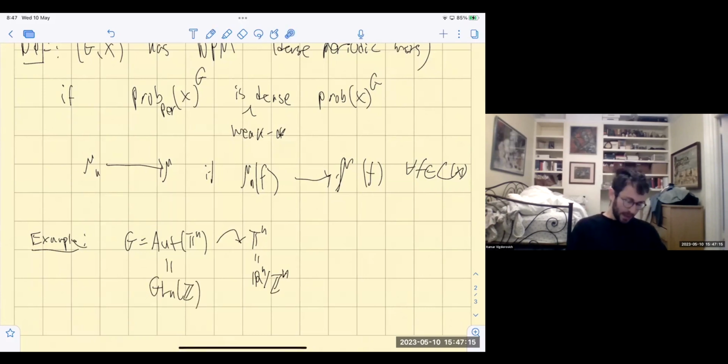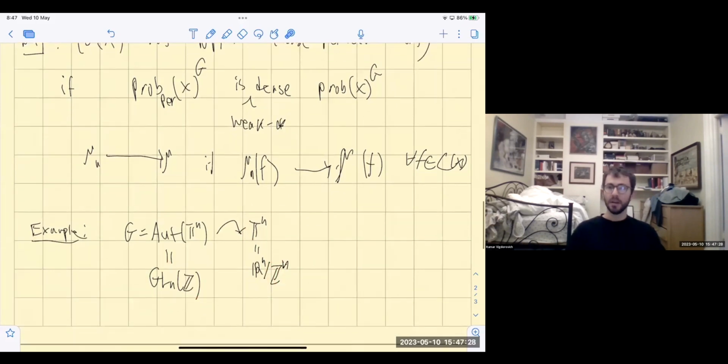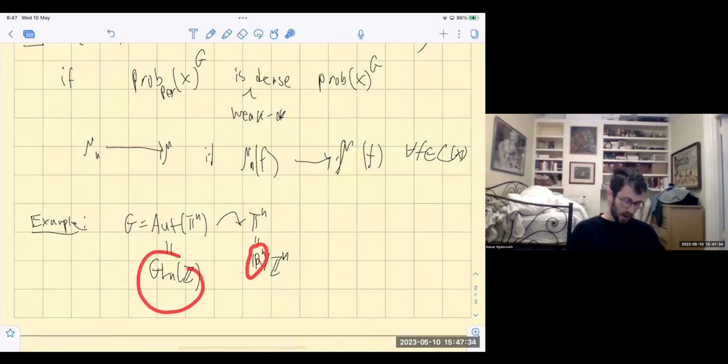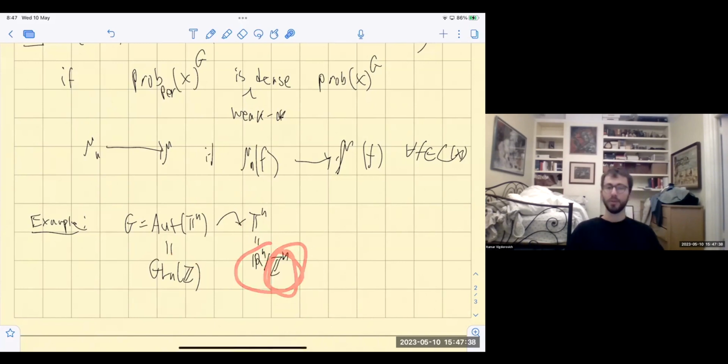The reason is not hard to see. GL_n(Z) obviously acts on Z^n by linear transformations, so the automorphism group of Z^n is GL_n(Z), and the torus is just the Pontryagin dual of Z^n, so if it acts on Z^n, it will act also on the dual. Alternatively, GL_n(Z) acts on R^n, and since it also preserves Z^n, it acts on the quotient R^n mod Z^n. And this is actually the whole group of automorphisms of the torus.